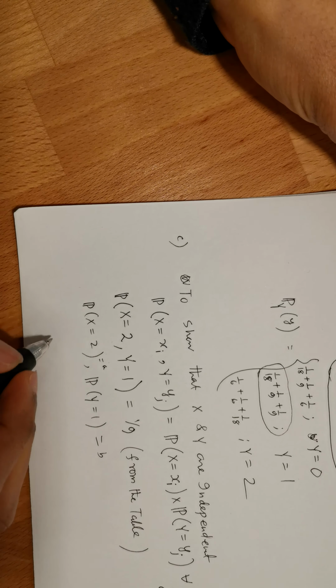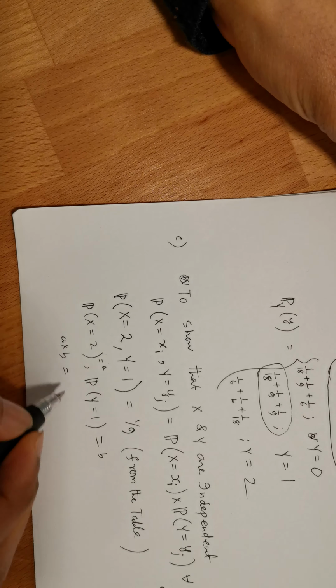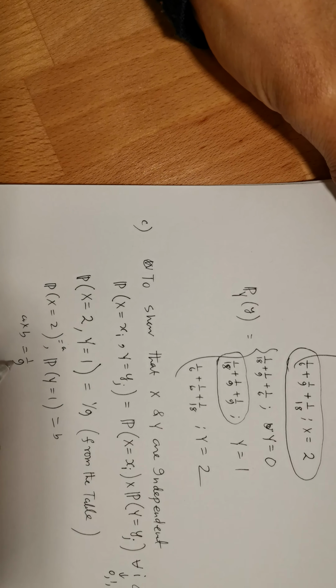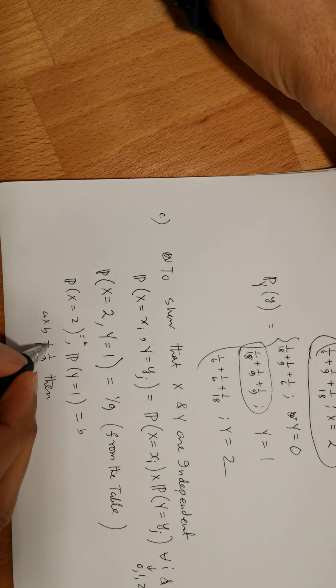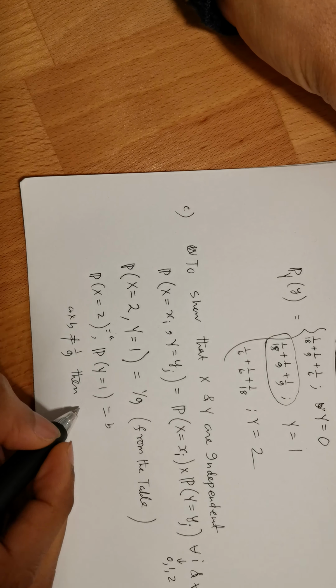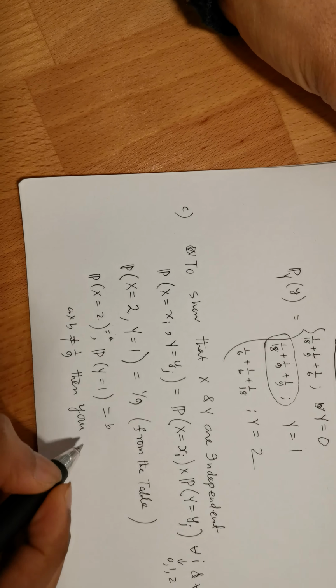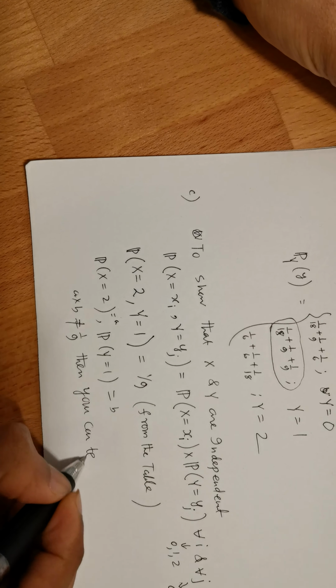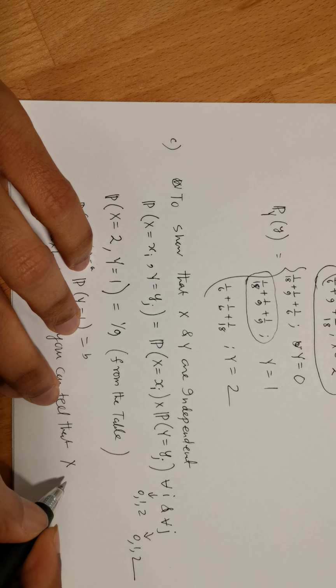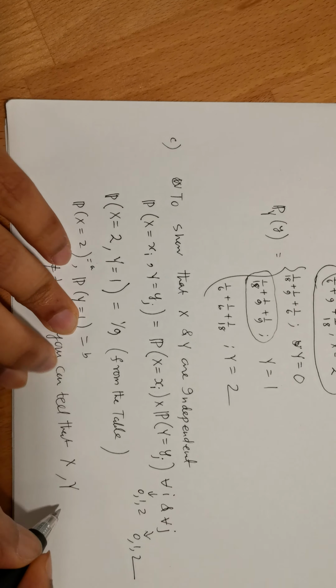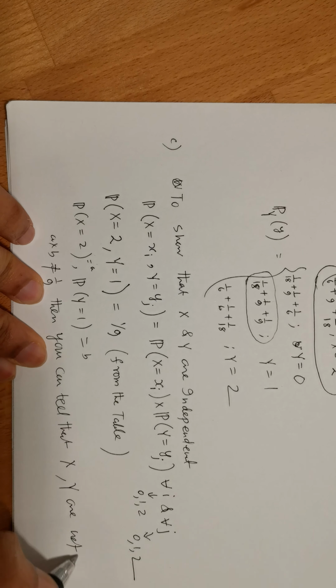Now if a times b is not equal to 1 over 9, then you can tell that x and y are not independent.